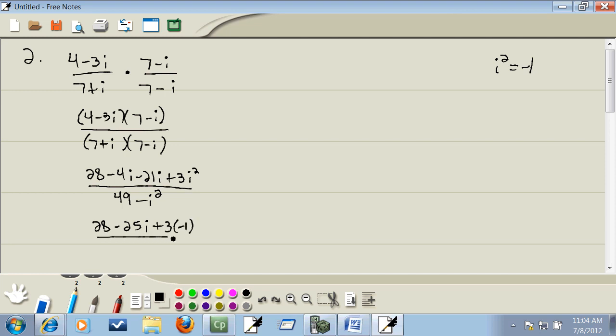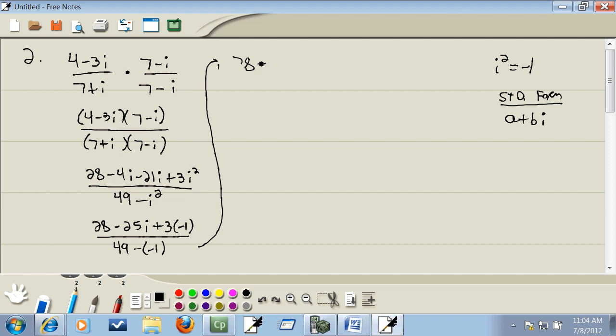Now our goal is to get this in standard form. If you remember what standard form is, that's a plus bi. No i squareds, no i's in the denominator, so forth. So down below here, we got 49 minus, and again I'm going to replace the i squared with a negative 1. So up on top, we got 28.